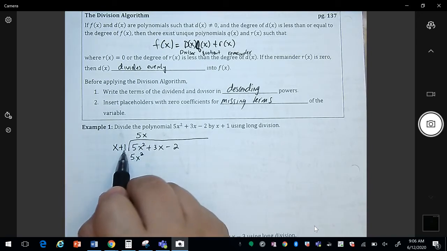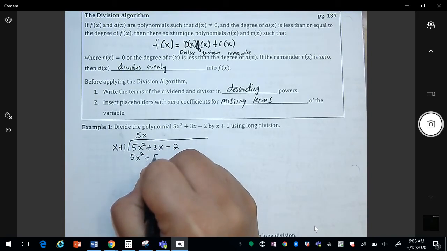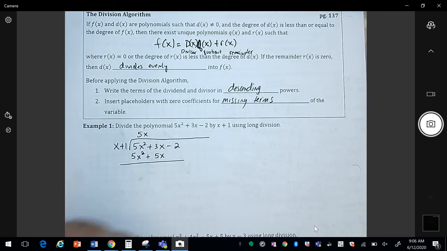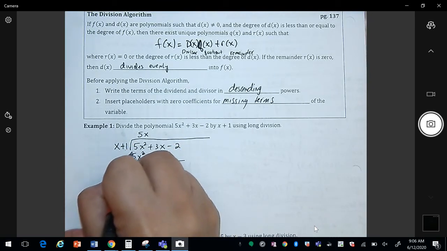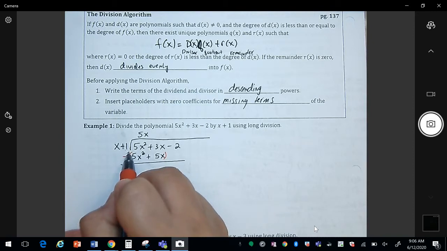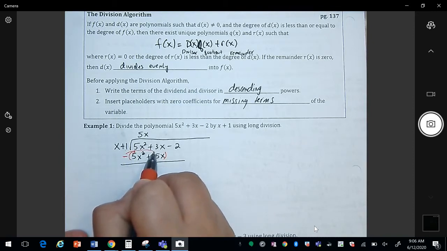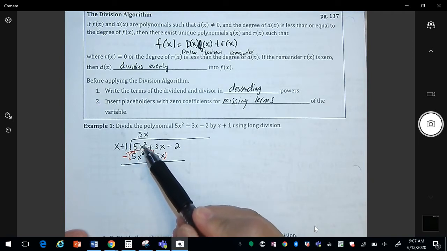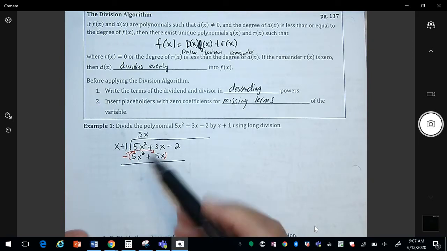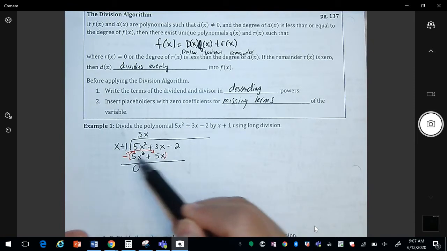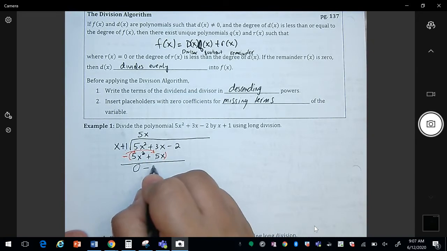And 5x times 1 is 5x. Then we want to subtract, but we're going to be subtracting everything in these parentheses. So by doing that, we're distributing this negative into both terms. So now we would have 5x squared minus 5x squared is 0. And 3x minus 5x will give me a negative 2x.